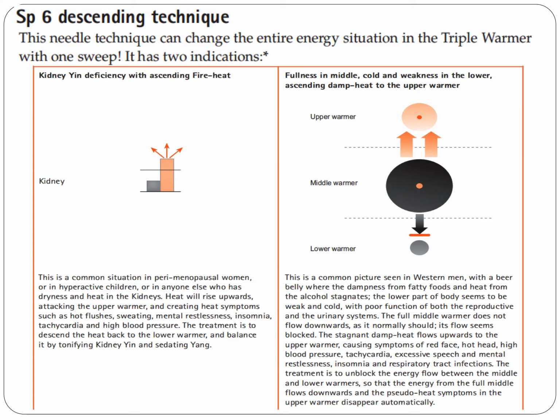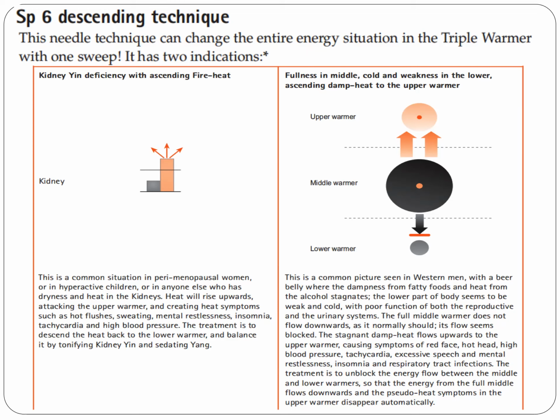Heat will rise upwards, attacking the upper warmer, and this will create heat symptoms. Ano po itong mga heat symptoms? Hot flashes, sweating, mental restlessness, insomnia, tachycardia, and even high blood pressure. So the treatment is we try to descend the heat back to the lower warmer.